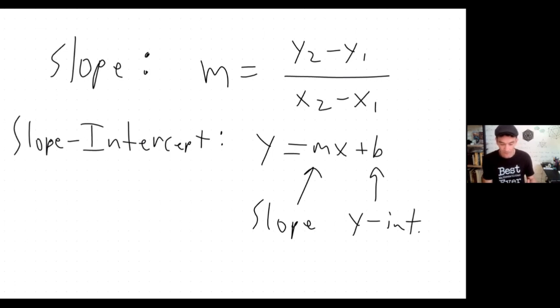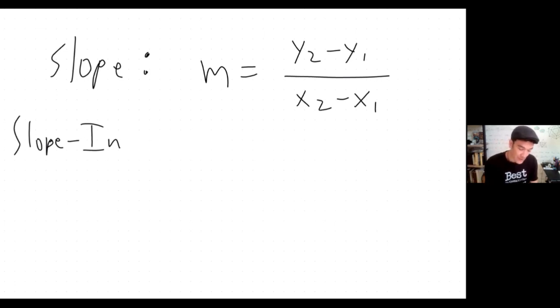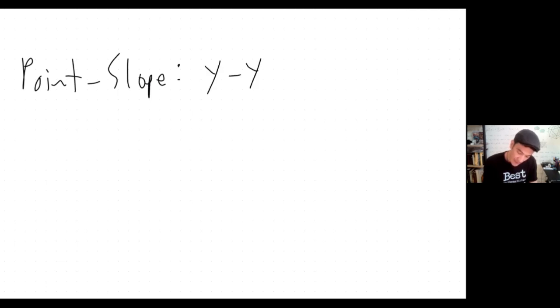So slope formula is there. Slope intercept is there. There are two more things that you should know. We have point slope. So jot all this down. Point slope is the one that goes like this. It goes y minus y1 equals m times x minus x1, where m is, again, the slope.